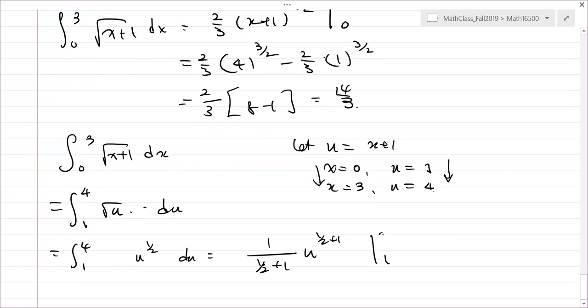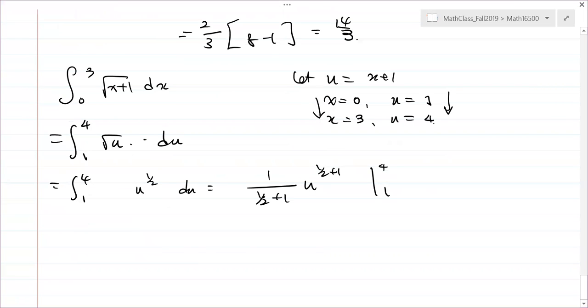Evaluate at the two endpoints. So you will get 2 over 3 times 4 to the 3 over 2 minus 1 to the 3 over 2. So you will get the same result.